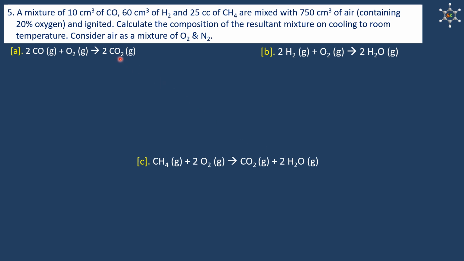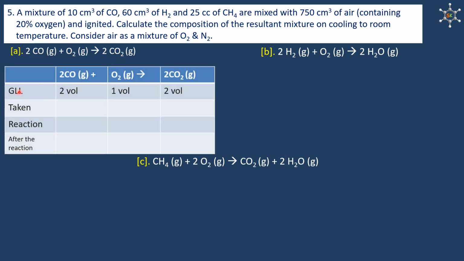With the first equation, considering Gay-Lussac's law, 2 volumes of carbon monoxide react with 1 volume of oxygen giving 2 volumes of carbon dioxide. The amount of carbon monoxide taken is 10 cm³. The amount of oxygen needed has to be calculated.